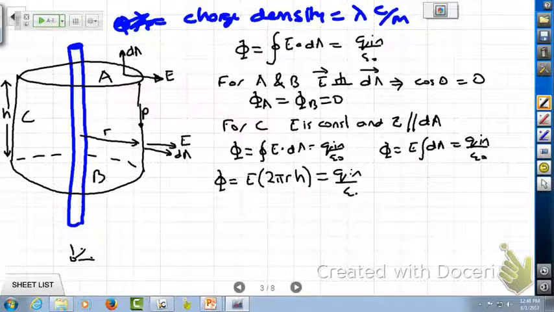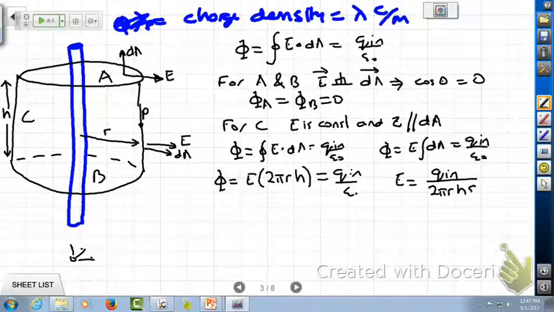In that case, E is equal to Qn over 2 pi R H epsilon naught.